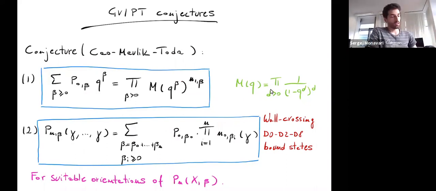The nice thing here is that for this second conjecture, already Toda and Thomas gave an interpretation of this as a wall crossing of D0, D2, D8 bound states.